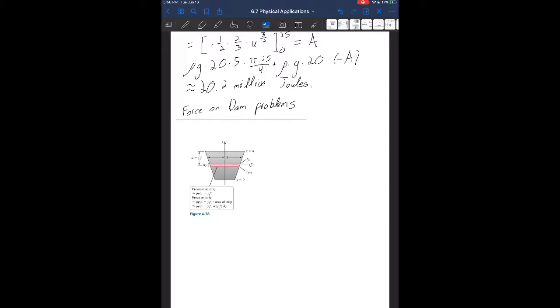So what you need to know for this problem is that the force acting on an infinitely thin strip of a dam is just going to depend on the height you are above the water, so it's how much water is pushing down on it, and it also depends on the area of this strip. Right, so the farther down you are, you have more and more force acting on you.